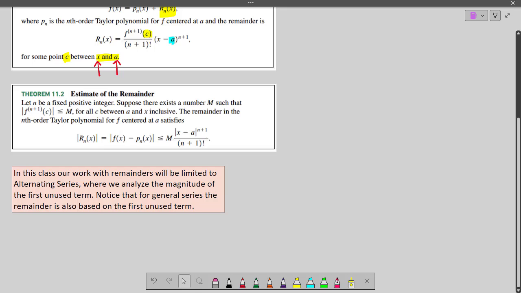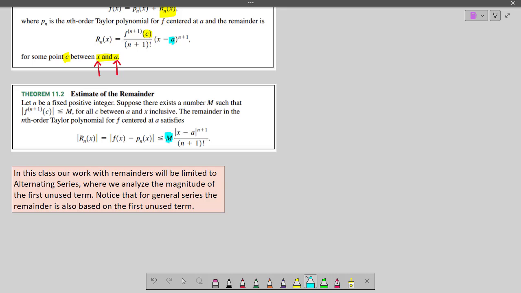So they do a little bit of math here. The estimate for the remainder, this number M, is going to be the maximum value when you're looking on this interval. You've got your x value, you've got your a value, and you're imagining a function in there, and you're picking M to be the maximum.